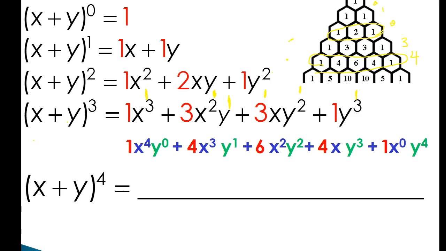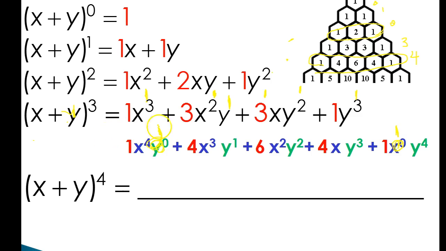We then go the other way with our second term. Our y's are going to count down from the right. So we've got y to the fourth, y to the third, y squared, y to the first, and then y to the 0, which is 1. So this right here is 1, and this x to the 0 is 1. So they don't really even count.